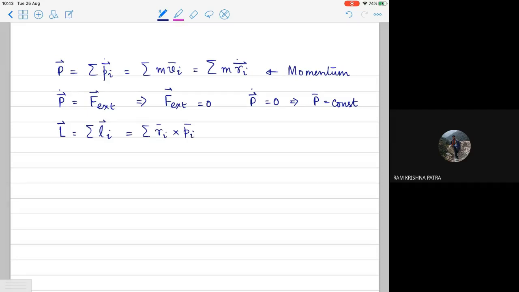What about the rate of change of angular momentum? The rate of change of angular momentum would have been written as these two terms.